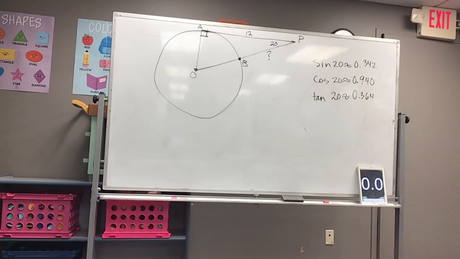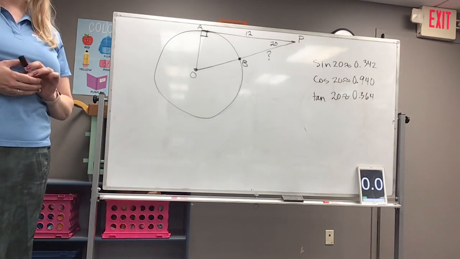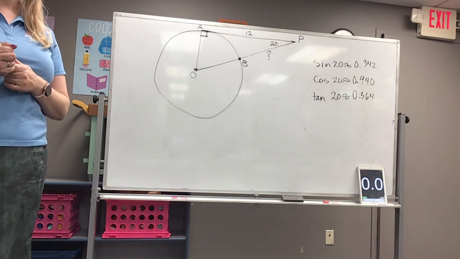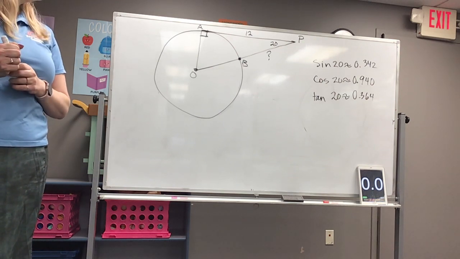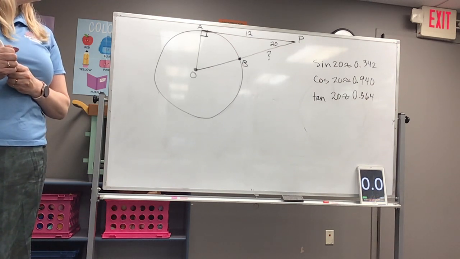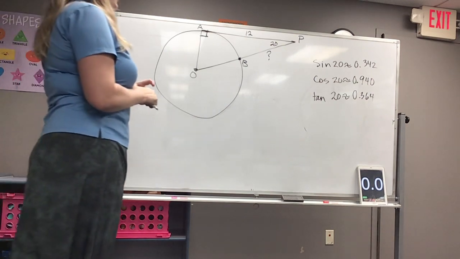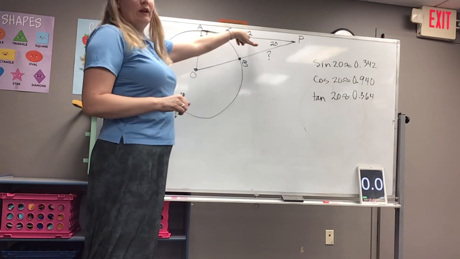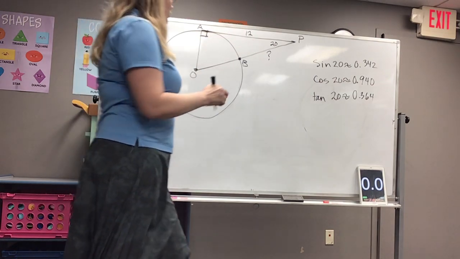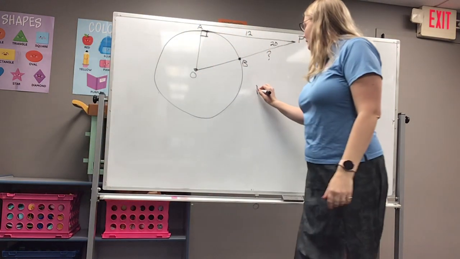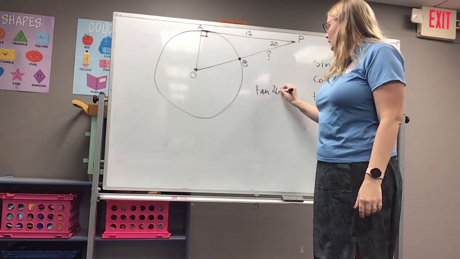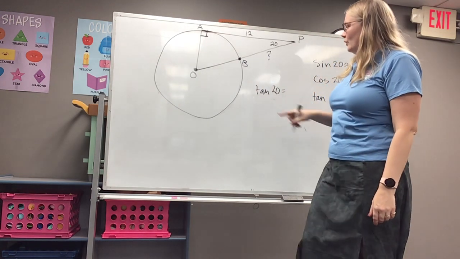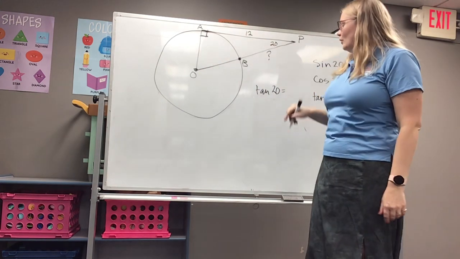So I gave the hint that we should find the radius. What is the radius? 12 times tangent. Okay, so you acknowledge this is the opposite. We know the adjacent, so I agree to tangent. So the tangent of 20 is equal to opposite over adjacent.